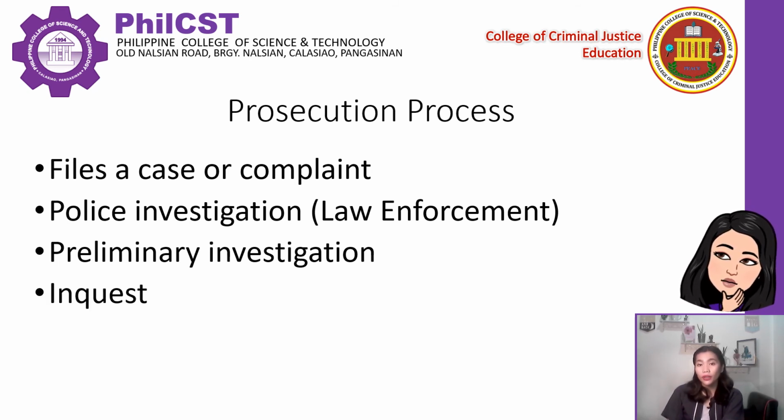However, in both cases, the approval of the provincial or city prosecutor or the chief state prosecutor recommendation is necessary, and as regards offenses within the jurisdiction of the municipal trial courts, no preliminary investigation is required by law.